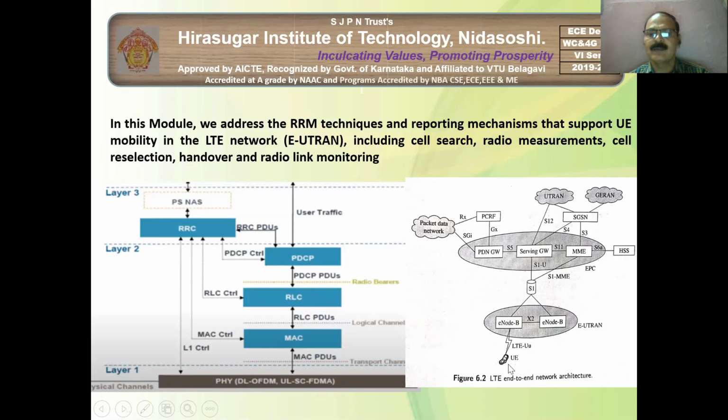Whatever data comes from the UE to the eNode B, the radio bearer will carry that data, and from here to here it is called the S1 bearer. These are the words we use in the LTE architecture.